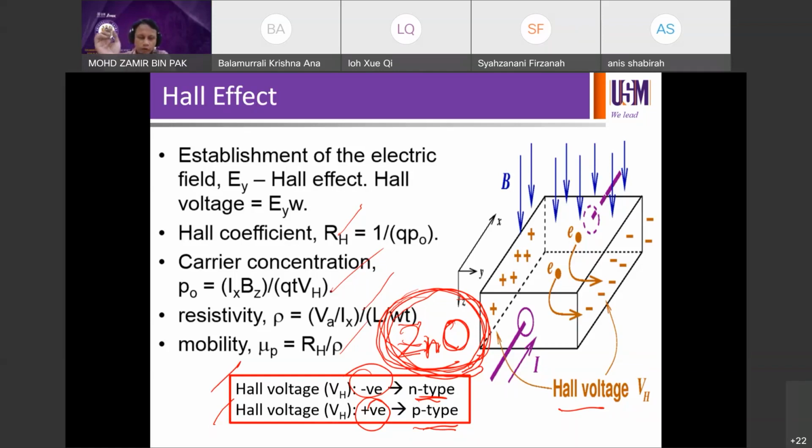What you normally see is the results, right? Mobility, for example, you are getting 150 cm squared per volt second, or you're getting a concentration of 1 times 10 to the 19. So these are all the fundamental, underlying equations behind your figures, okay?